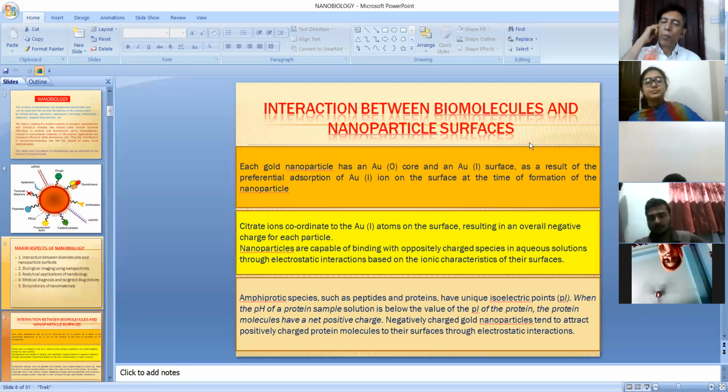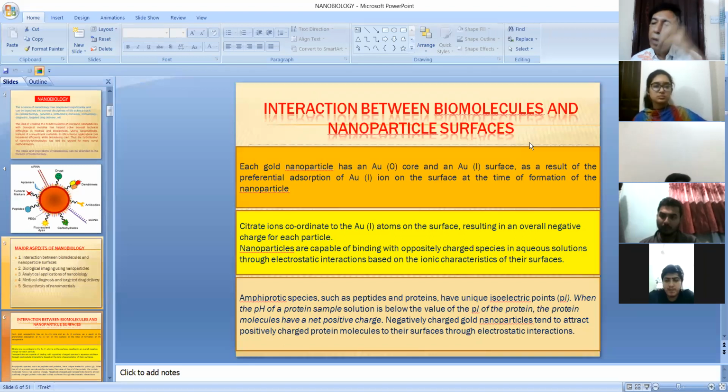So, you have to first take a suitable inorganic nanomaterial which is biocompatible. You will get many nanomaterials, but they are not biocompatible. Biocompatible means it does not make any harm inside our body.